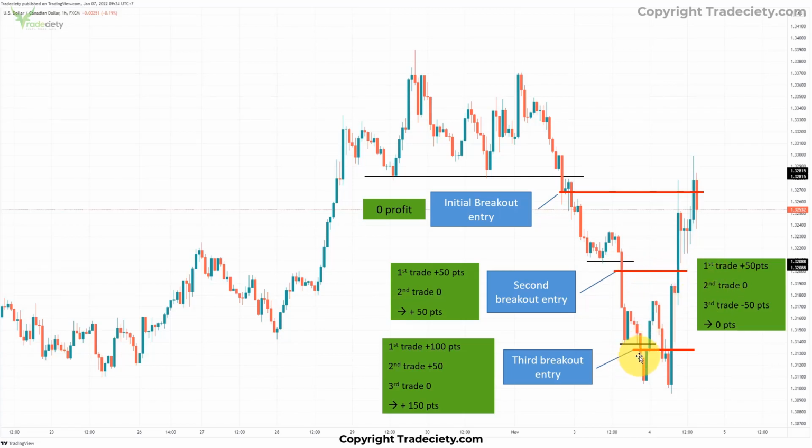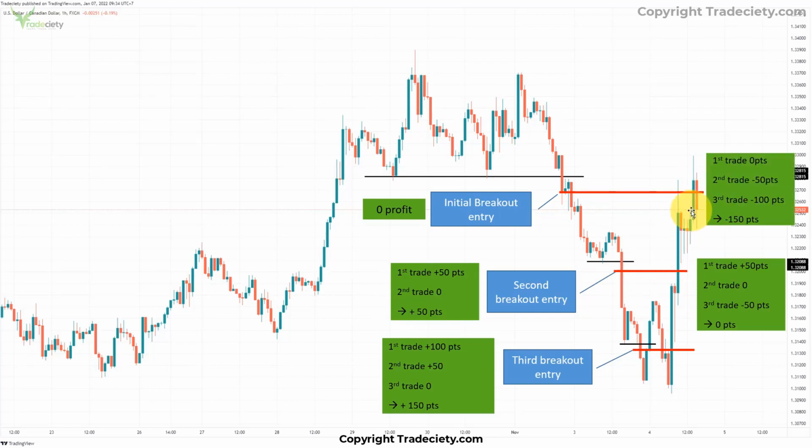And the third position from here to here is now sitting in a loss, and you have 50 points negative. So the third position, because you entered so late and the market turned shortly after, is now in a loss. And the loss is eating up all of your profits because the first position has now only a little bit of profit left and the second position has nothing.